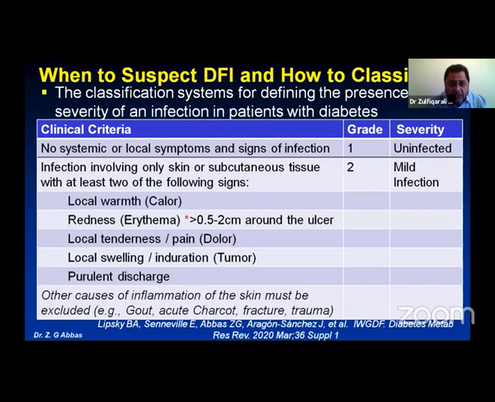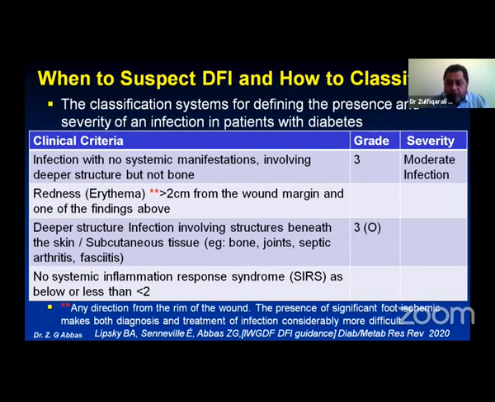Deeper structures means structures beneath the skin and subcutaneous tissue, the soft tissues and others, but the bone and joints are not involved here. If they are involved, then this is called osteomyelitis, that is grade 3-O. So if deeper structures are involved, the grade becomes 3-O. No systemic inflammatory response, that means SIRS is below that. I'll show you on another slide.